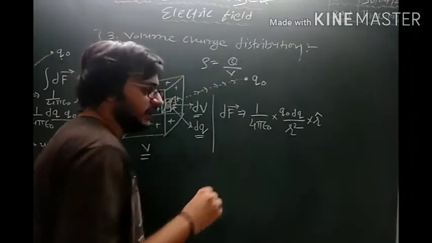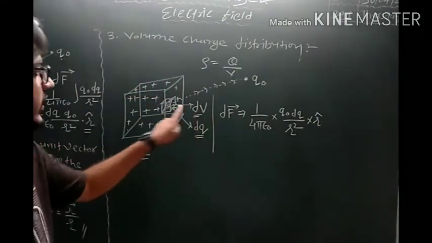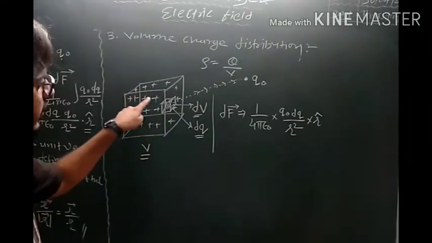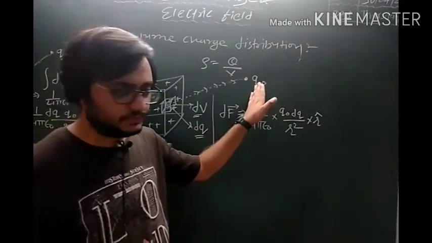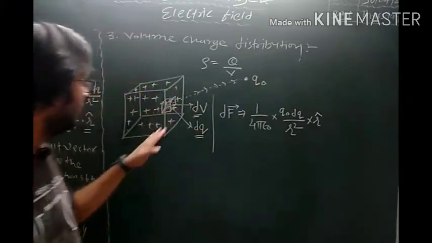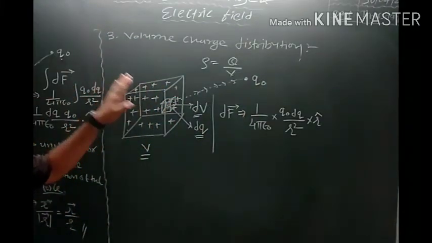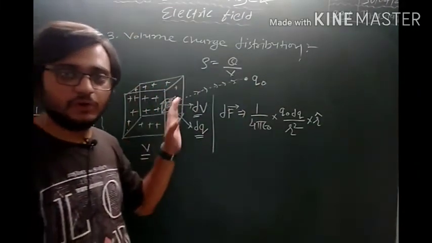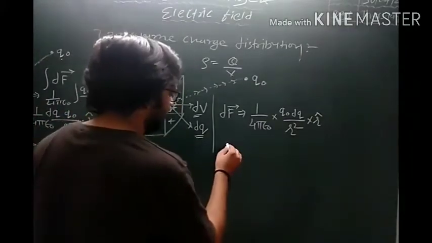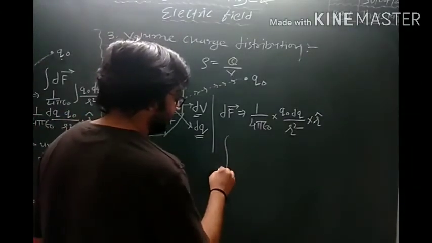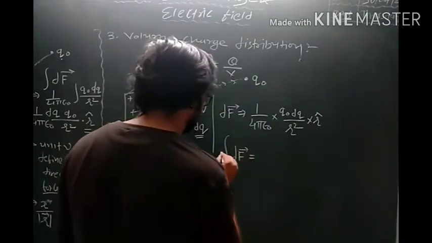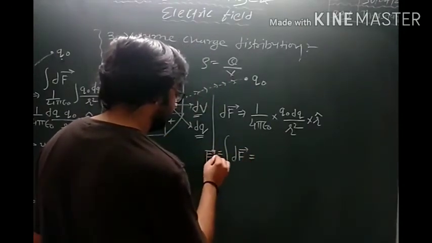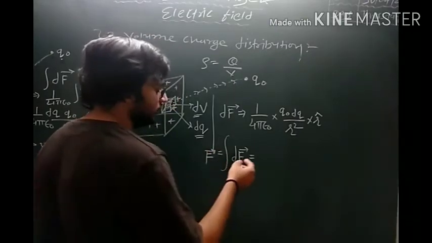Now we integrate this equation, so over the whole volume charge distribution we get the total force acting on the Q naught charge due to all the charge lying in the volume. So we integrate this equation, so we can get the final force acting on the Q naught charge.